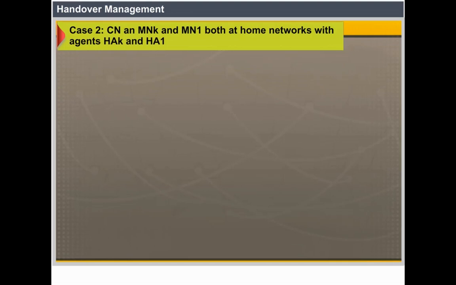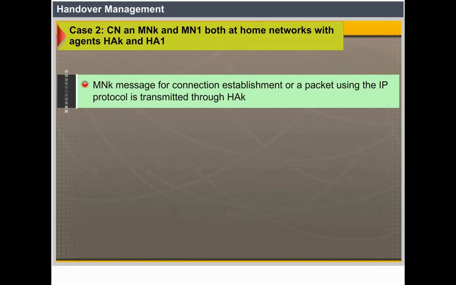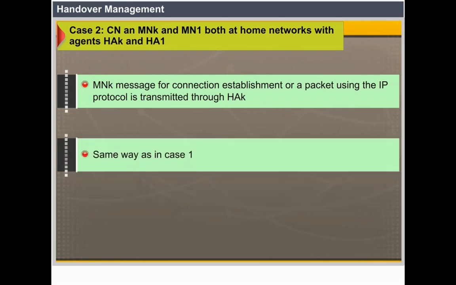Case 2. CN and MNK and MNI both at home network with agents HAK and HAI. MNK's message for connection establishment or a packet using the IP protocol transmits through HAK, the same way as in case 1.